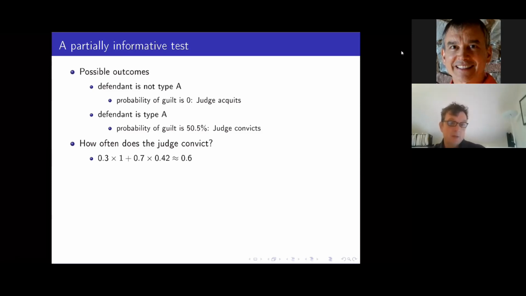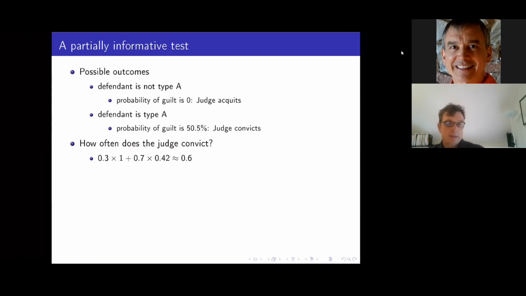But even if he's innocent, he can have the blood type, and the empirical distribution of blood types in the population is simply 0.42. So that's what we know from medicine. And we just saw that the defendant is convicted whenever he in fact is found to have blood type A.